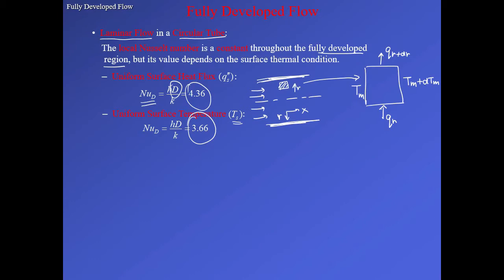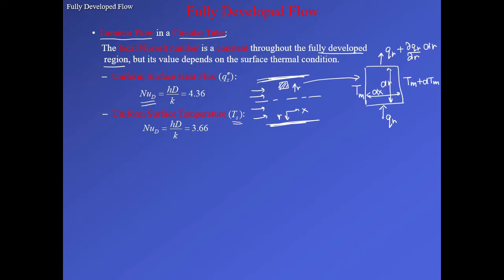From the ideas of calculus, instead of writing Q at r plus dr, we write it as Qr plus dQr, which can be written as del Qr by del r times dr. So this control volume height is dr and the length is dx.